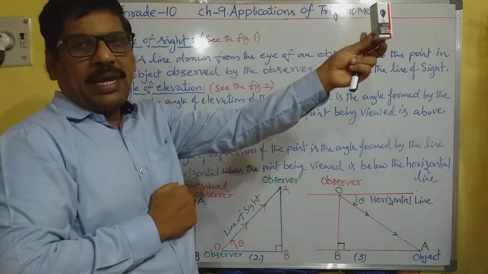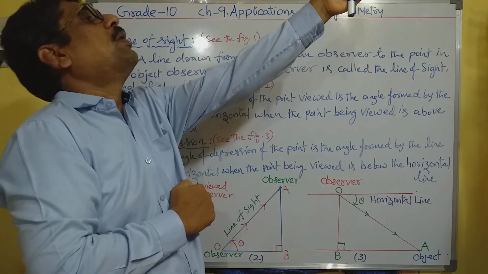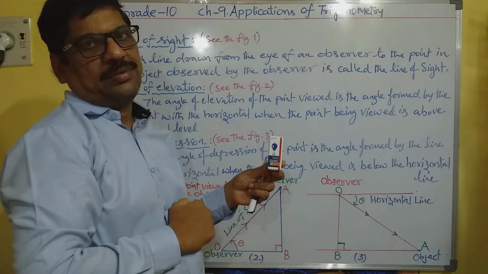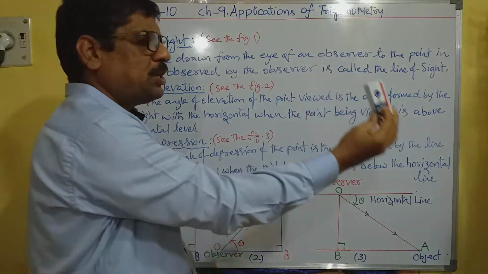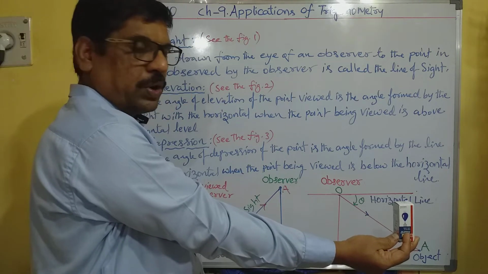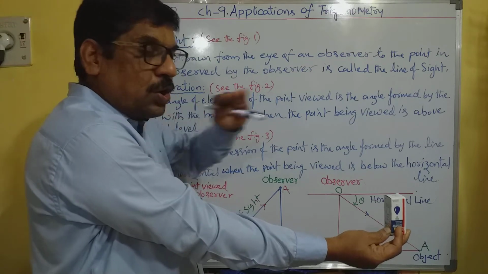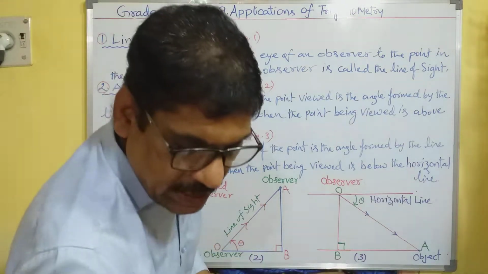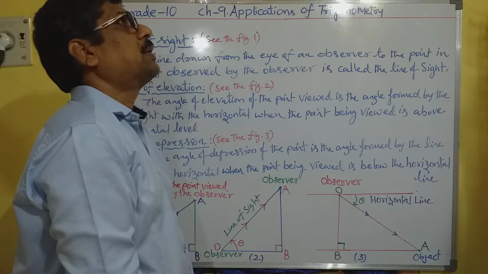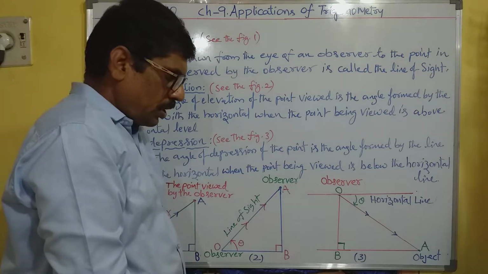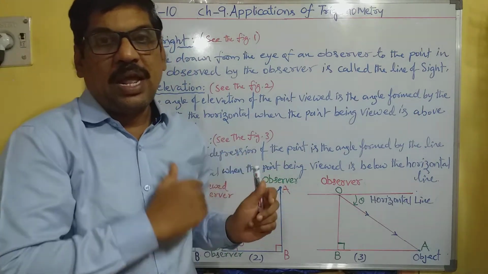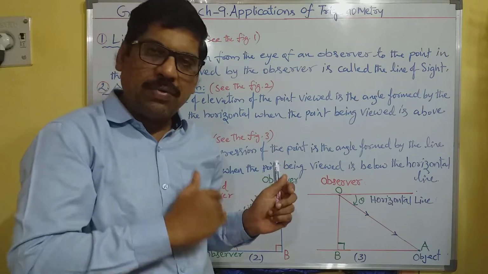If I keep the object at some height and look upwards like this, the line of sight is above the horizontal. And if I am looking at an object which is downwards, I need to look down, which is downwards from the horizontal. So either we can look straight at an object, otherwise we have to raise our neck, or we have to lower our neck to look at the object. Based on that, we call them either angle of elevation or angle of depression.